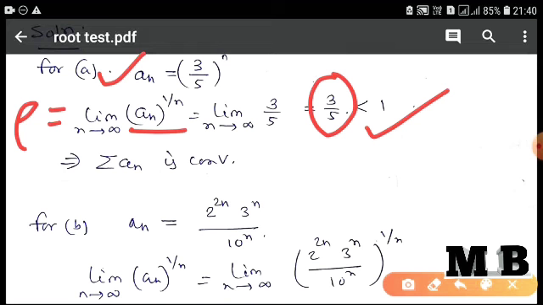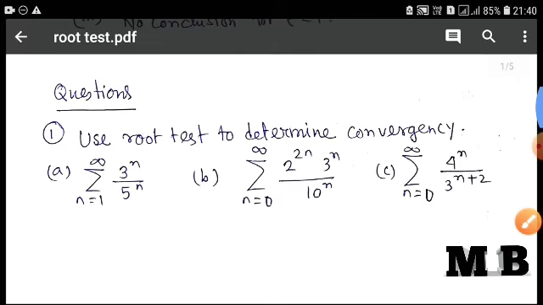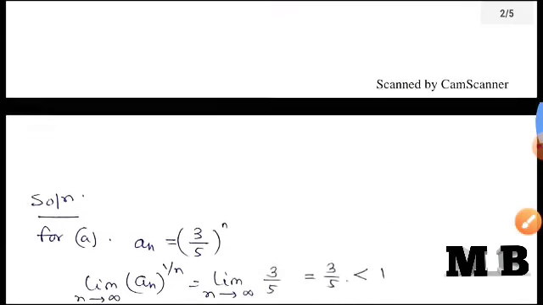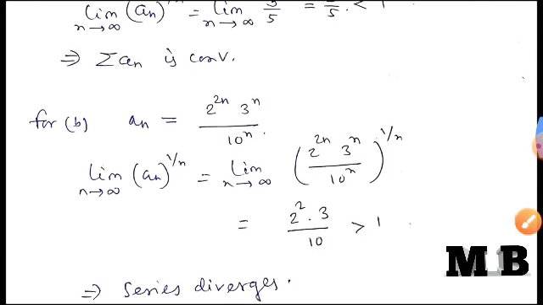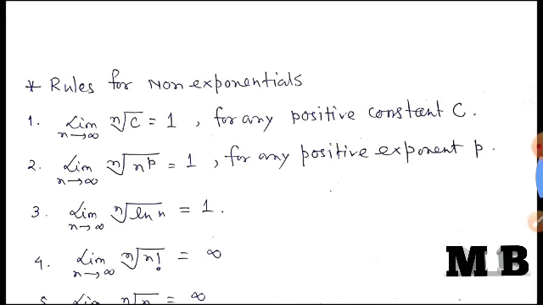So by the root test, you can immediately claim that the given series, summation an, is convergent. Now your job is just to use that statement to verify the next two, that is B and C. Just try for B and C. And if you are interested in the proof, there are some standard books and you can follow them.